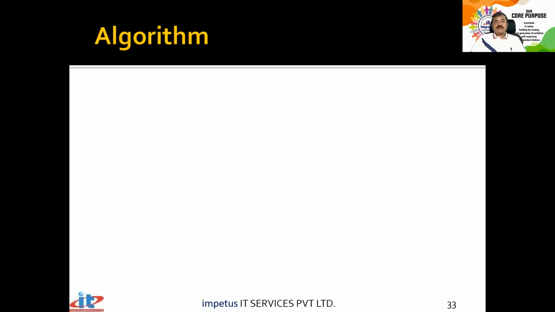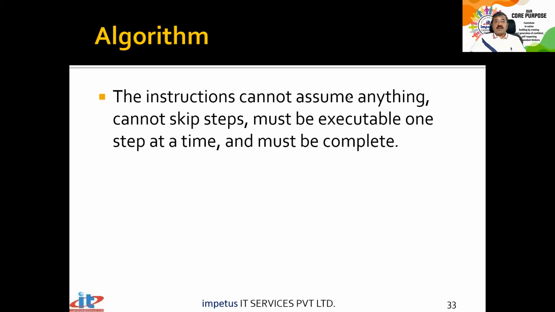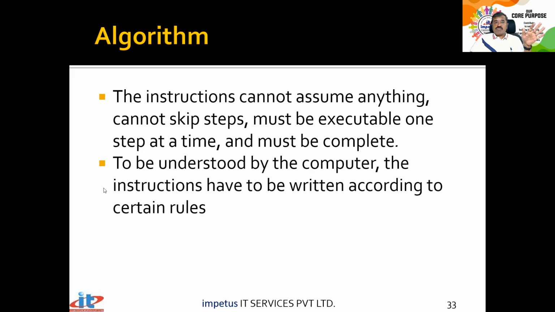So algorithms are instructions that cannot assume anything, cannot skip steps, must be executed one step at a time, and must be complete. Your instruction should not be halfway through, it should be complete. You cannot skip any instruction, neither can you assume anything.